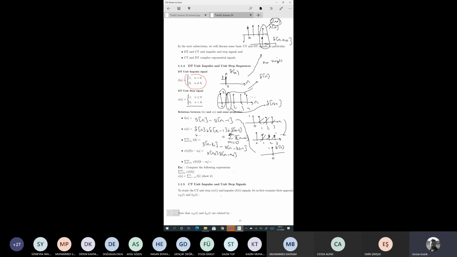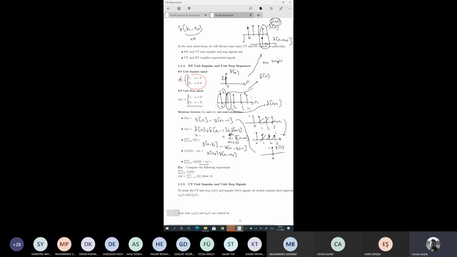The summation over k from k1 to k2 of x of k times impulse of k minus n0. By the way, what is this impulse of k minus n0? If inside the parenthesis is 0, impulse has value 1. Just like here, if n is 0, impulse of n is 1.